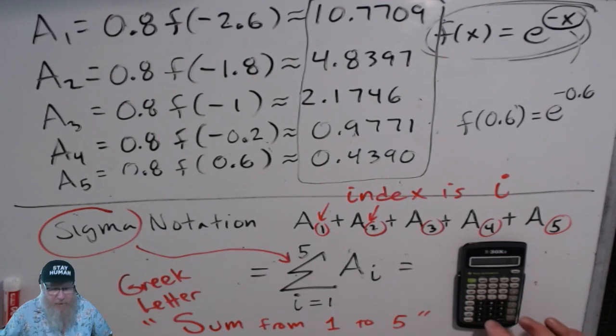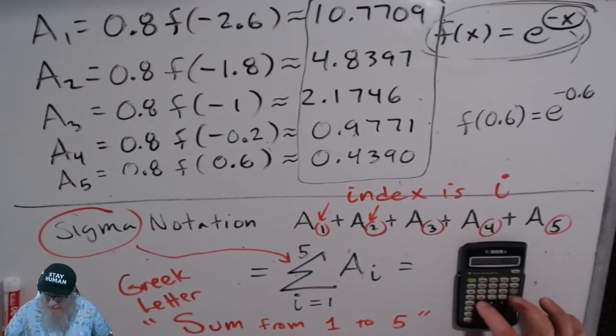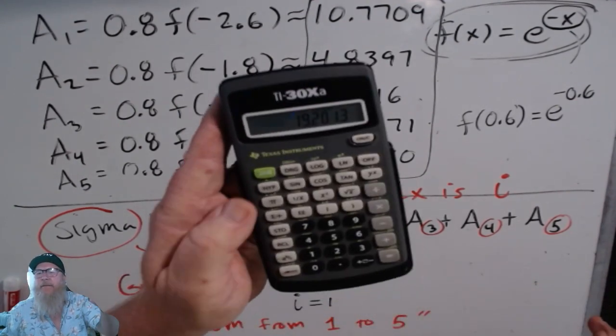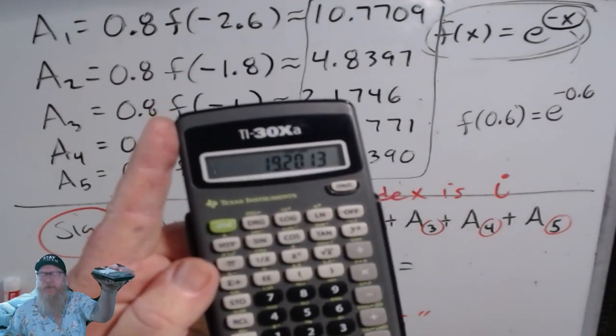So 10.7709 plus 4.8397 plus 2.1746 plus 0.9771 plus 0.4390. And if I didn't hit any buttons incorrectly, that should be the correct sum.